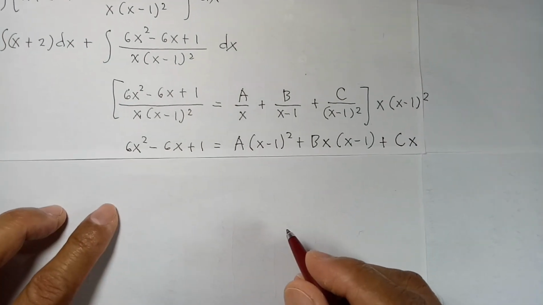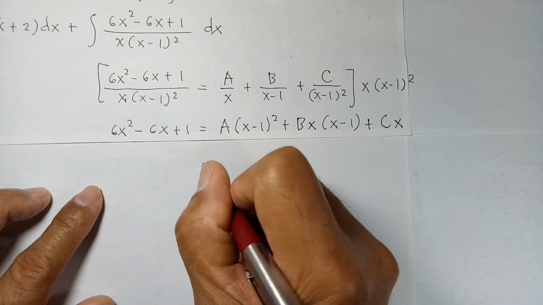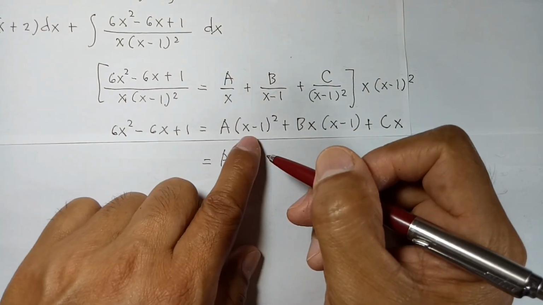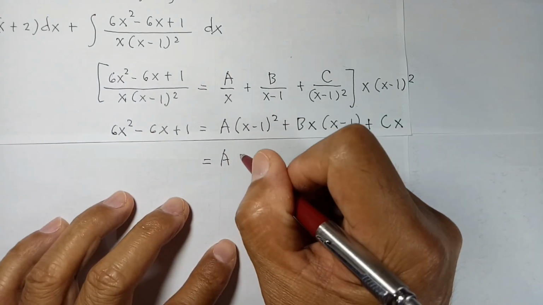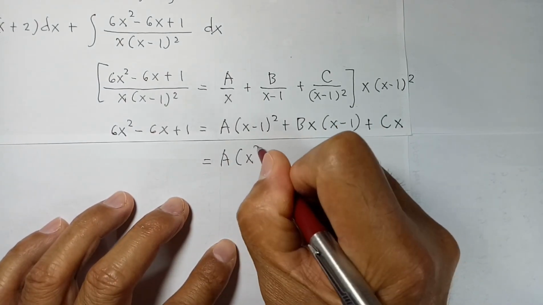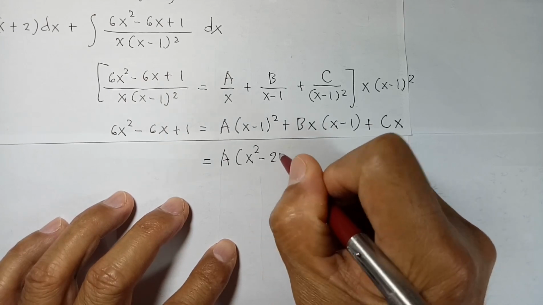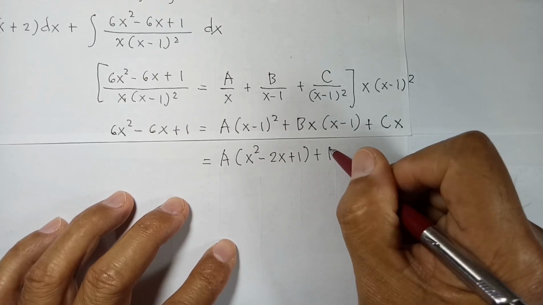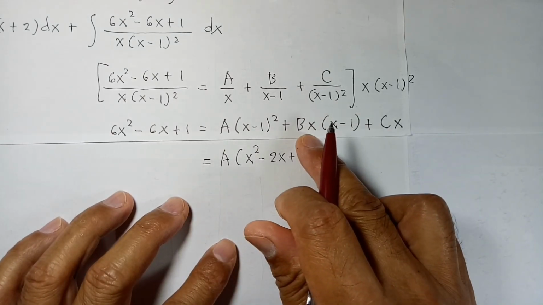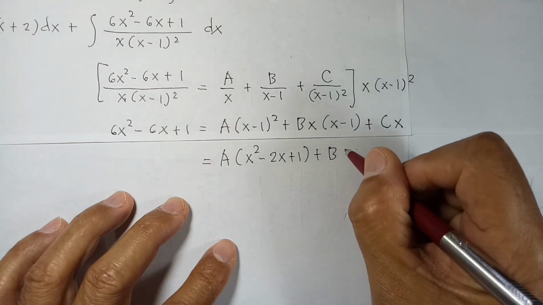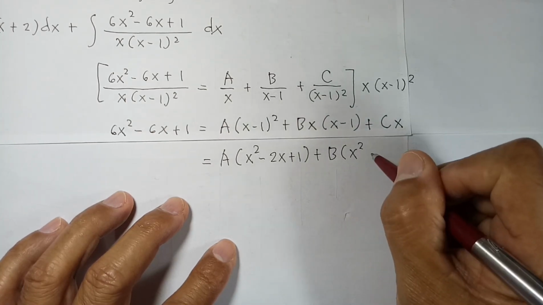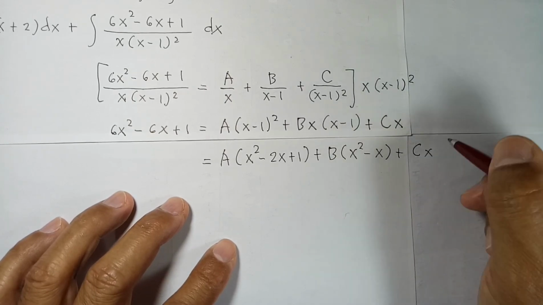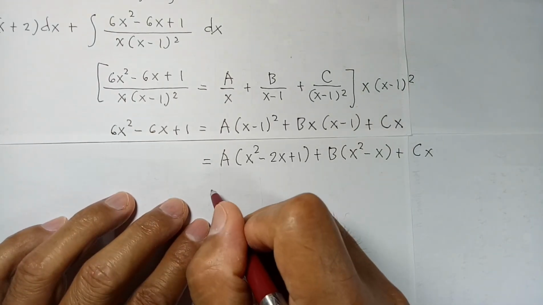So we will have a times the expansion of x minus 1 squared, which is x squared minus 2x plus 1. And then plus b times x times x minus 1, which is x squared minus x. And then plus cx. Okay?